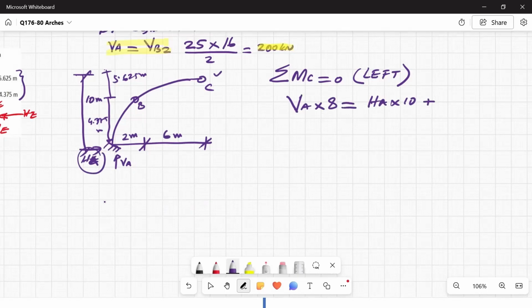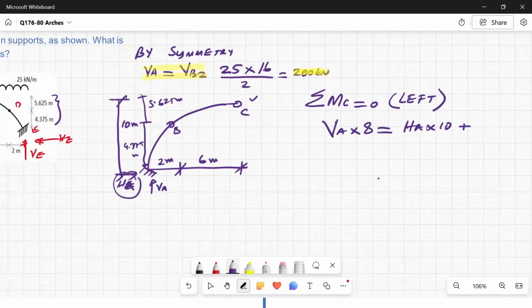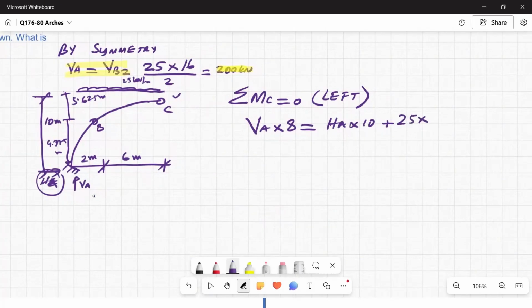Plus, one thing I forgot here, we have UDL over here, and it is 25 kilonewton per meter. So 25 times it is spread on 8 squared divided by 2, because it's going to act at half of the distributed load. And this will give me 200.